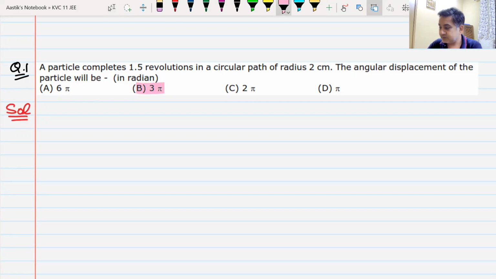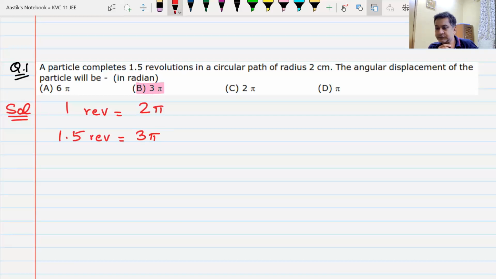I've already told you, one revolution is equivalent to an angle of 2 pi. So how much is 1.5 revolutions equal to? The angular displacement in that case would be equal to 3 pi. In terms of angle, how much angle it had turned. Do you understand this? Yes or no?